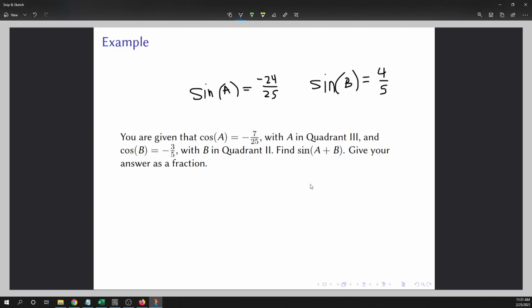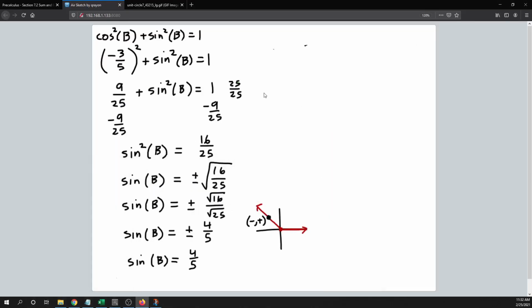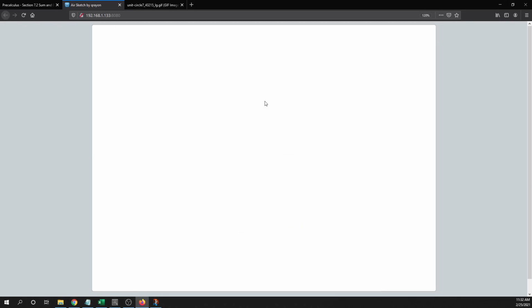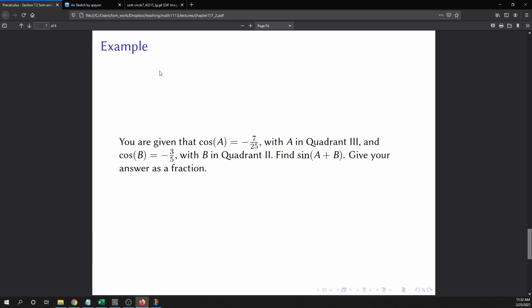All right, and so now that we have all of the information we need, we can go ahead and start computing the sine of A plus B. So I am going to erase this. And we are going to go back to our sum formulas.